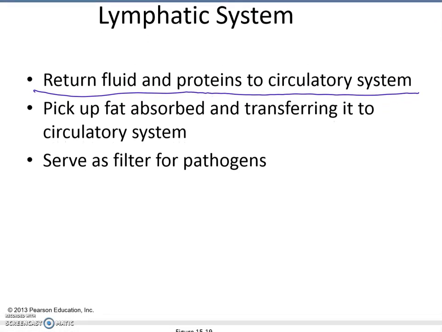The lymphatic system has some other functions too. We're picking up fats absorbed from the gastrointestinal tract, and we also filter for pathogens. But right now we're focusing on the fluid return properties of the lymphatic system.